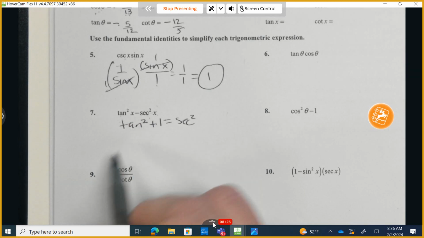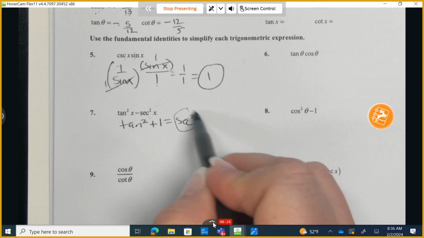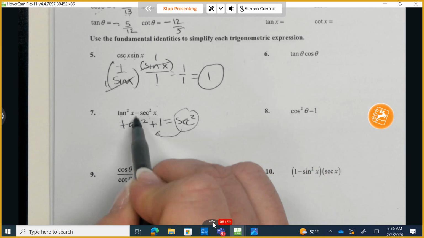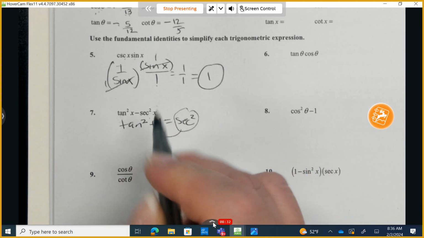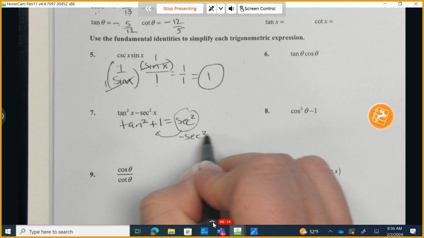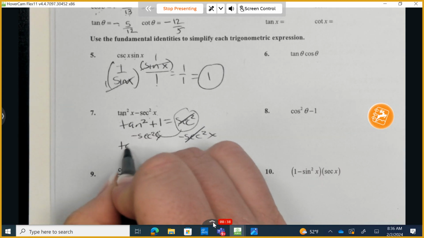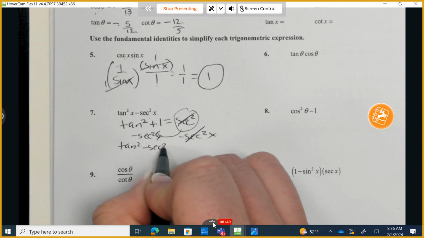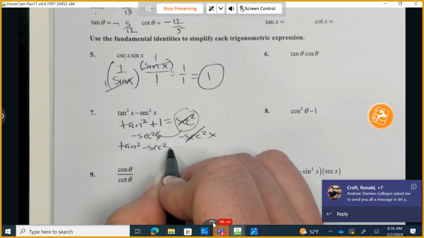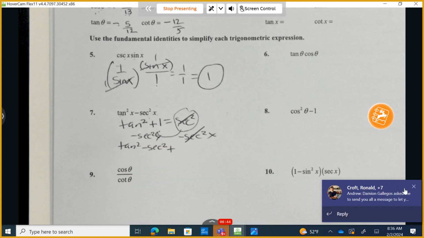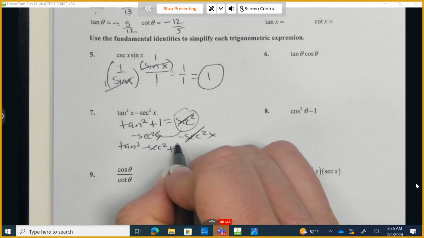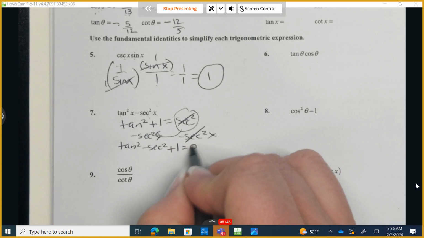Well, I would need to move the secant to the left to make it tangent squared minus secant squared. So let's subtract secant squared from both sides. Now I have tangent squared minus secant squared plus 1 equals, and there's nothing left on the right-hand side.